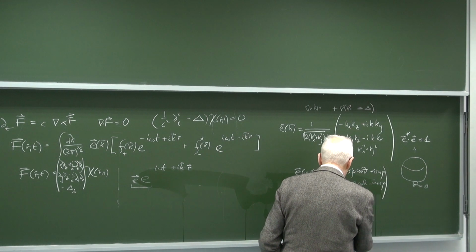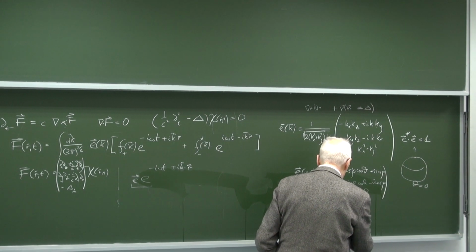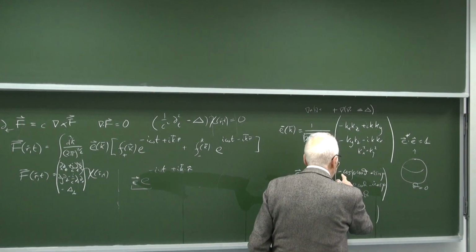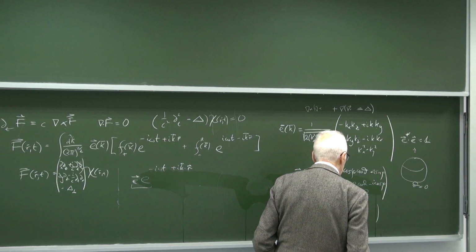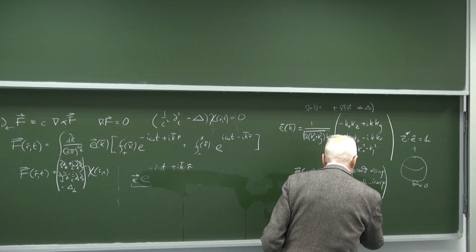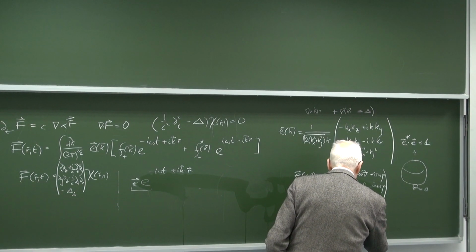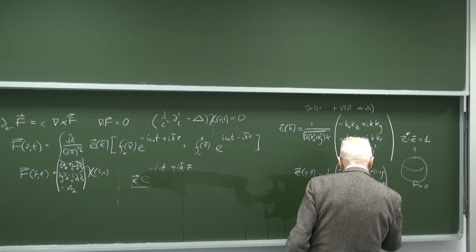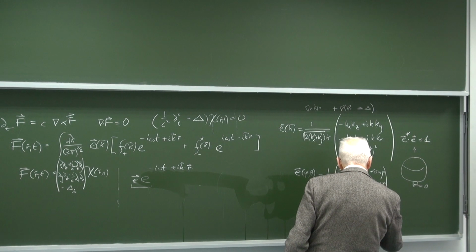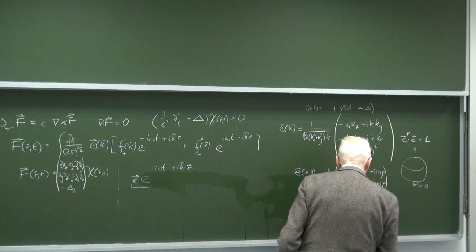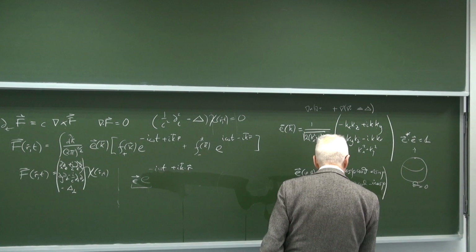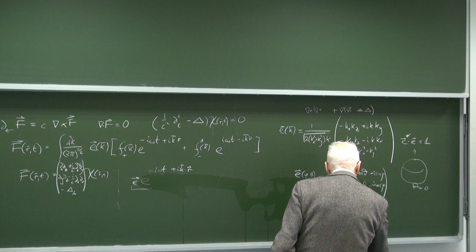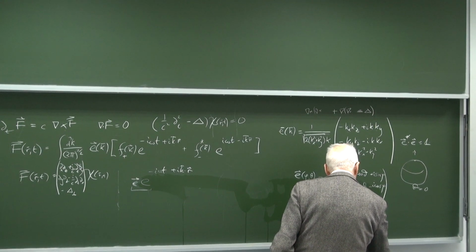And we obtain the following: 1 over square root of 2 here. And what is then minus cosine phi plus i sine phi? This is simply minus e to the power of minus i phi. And this term here will be minus i.